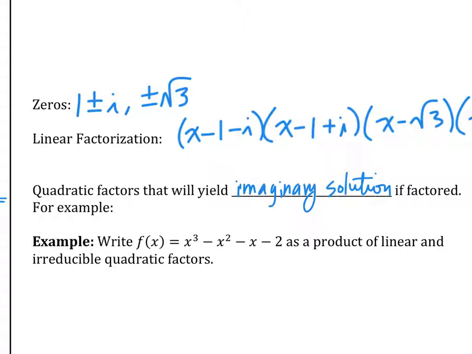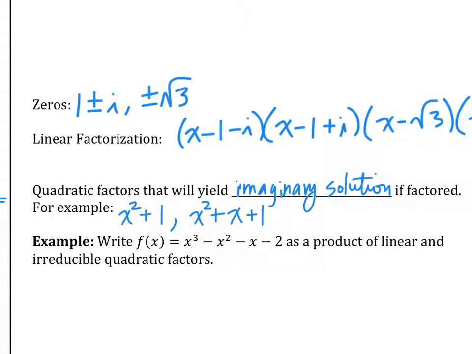So for example, something that's going to yield imaginary solutions from a quadratic factor would be something like x squared plus 1. X squared plus 1, if I try to factor or find a root, I am going to have plus or minus i, right? So that's not factorable. Or maybe something like this, x squared plus x plus 1.